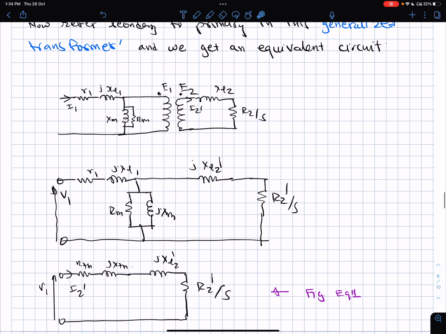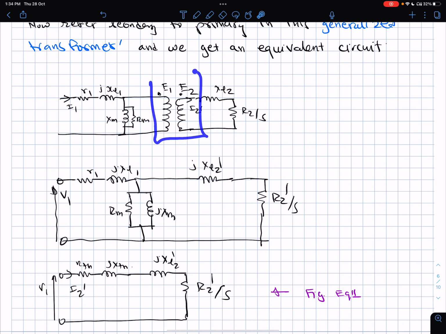Now we can get rid of the ideal transformer by referring it to the primary. So I use XL2 dash and R2 dash by s as the nomenclature, and this current becomes I2 dash.